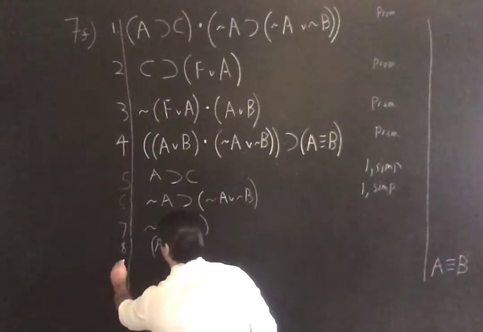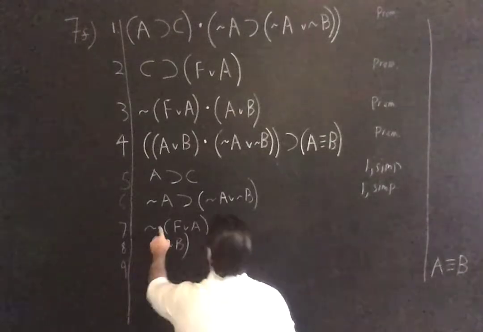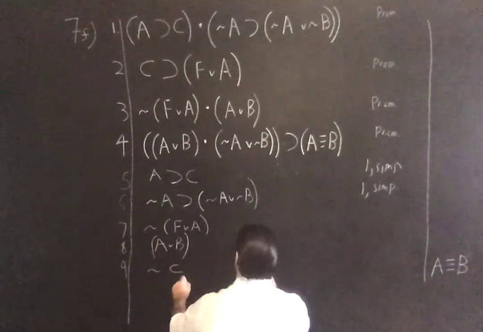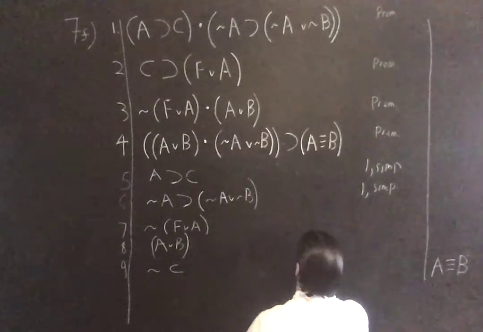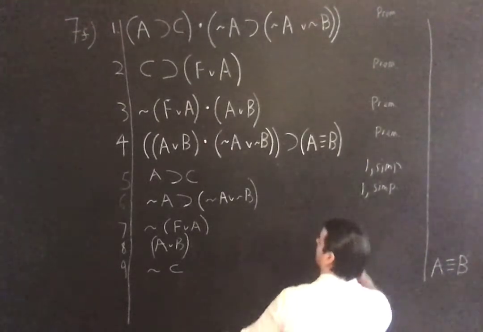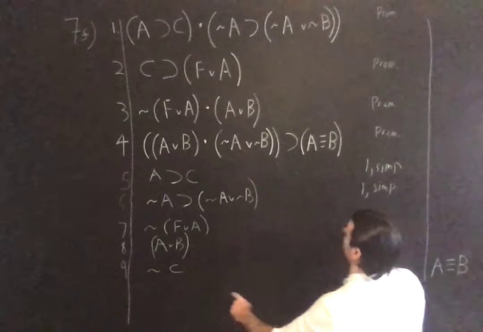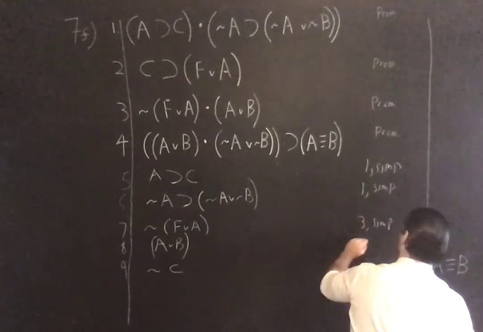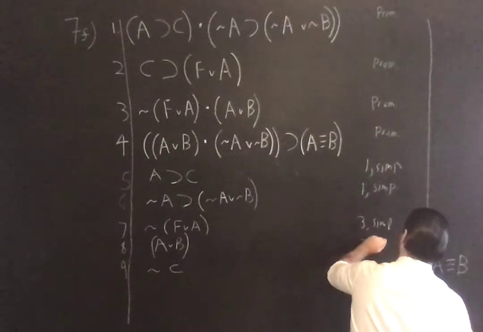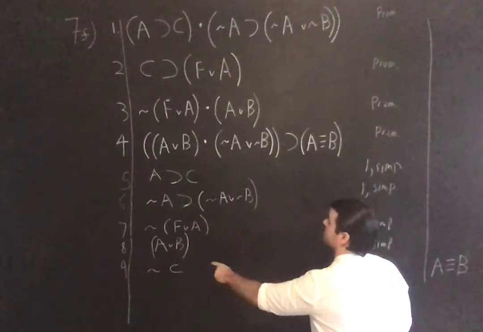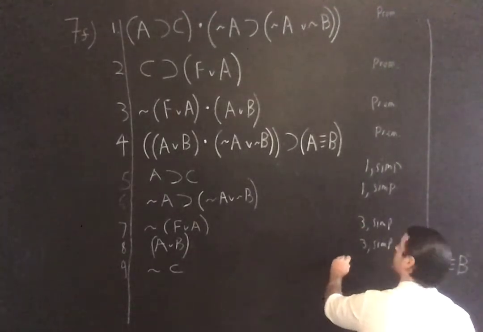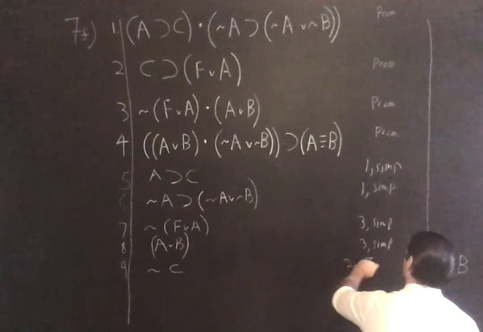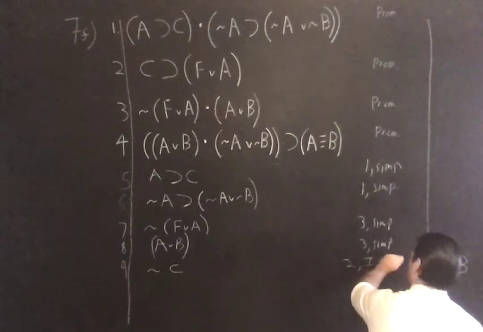So continuing on, what do we get? We've got not C. Let's come over here. 7 and 8 will what? Simp of 3, simp, 3, simp. Not C is by 2 and 7 modus tollens.